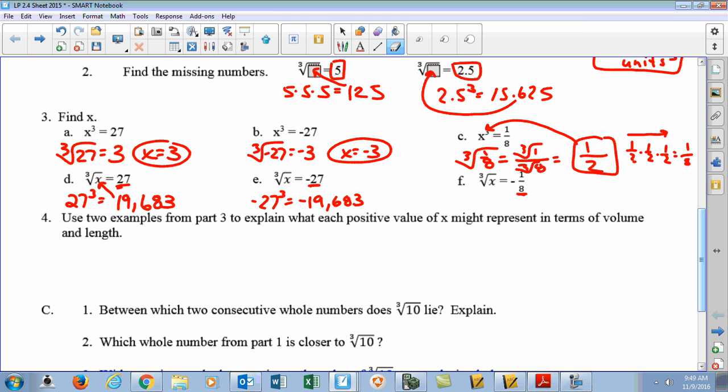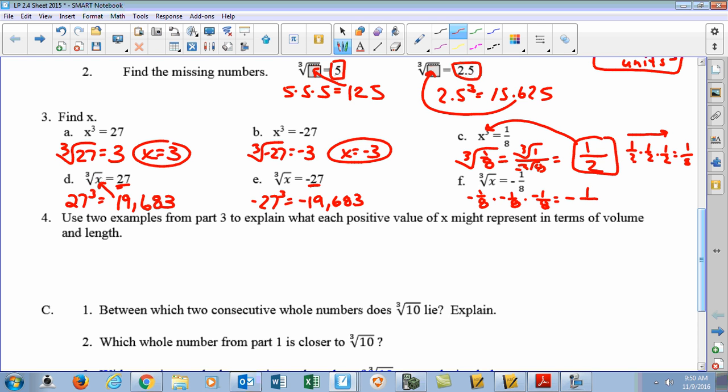Okay? And again, in F, the cubic root of some number gives you negative 1/8. So what that's saying is negative 1/8 times negative 1/8 times negative 1/8. Well, I know negative 1 times negative 1 times negative 1, if I multiply straight across, is negative 1.